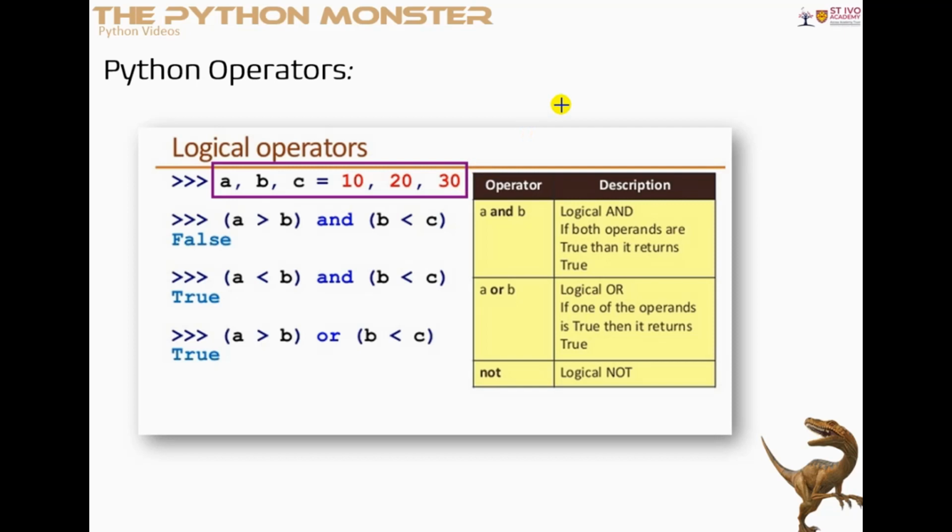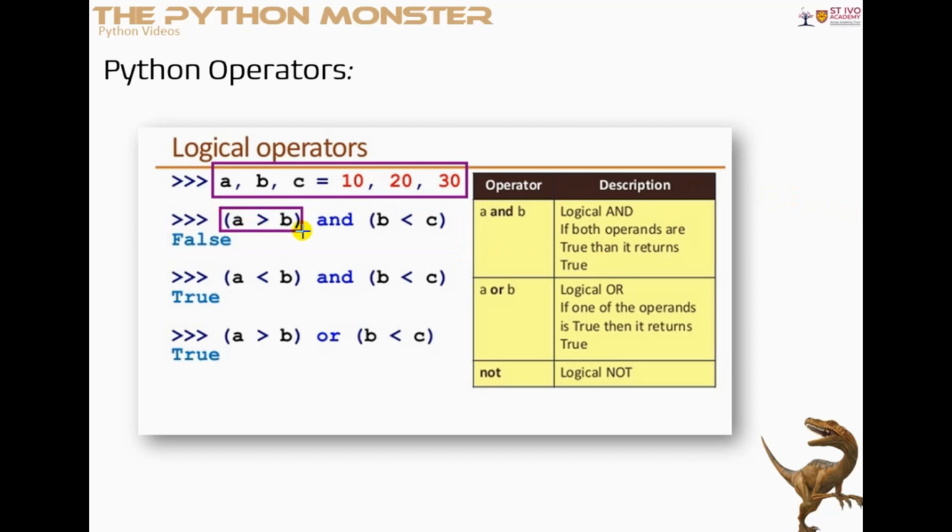That means that a is less than b and b is less than c. So let's see what happens when we compare the left hand side and the right hand side of a logical operator. Can you see why this expression here is evaluated as false? It's false because only one of these 2 is true.